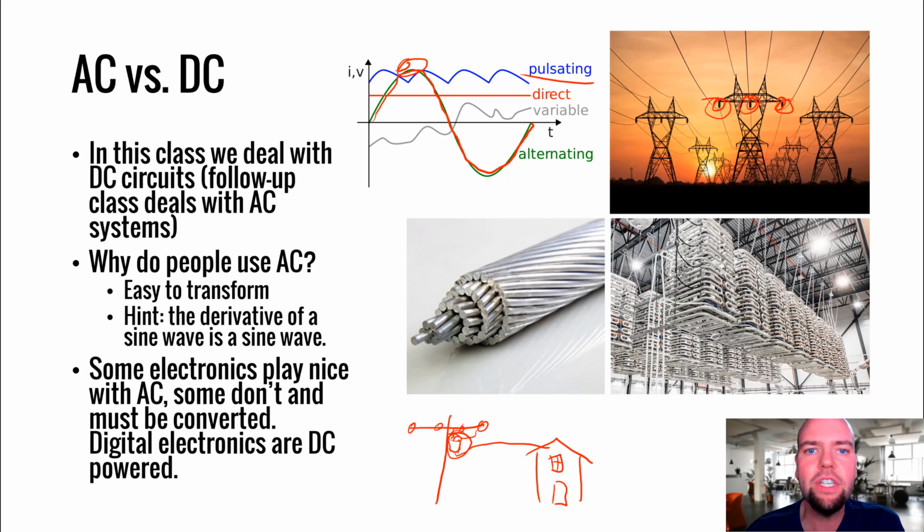So that's based on this voltage here. The size of the conductors we need is based on the maximum current flow. So all of these geometries for this infrastructure are based on this peak right here.